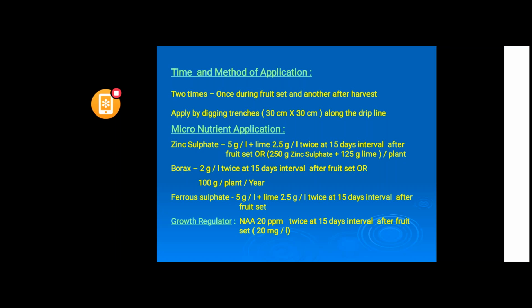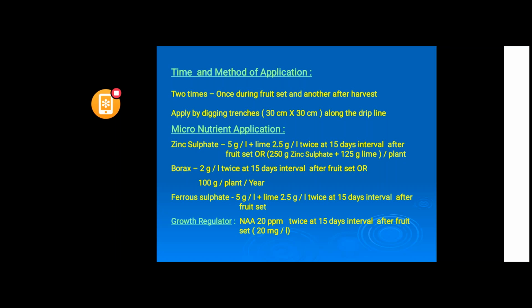Where irrigation facility is available, you can give half of the fertilizer after fruit set, in March, April, during that period.